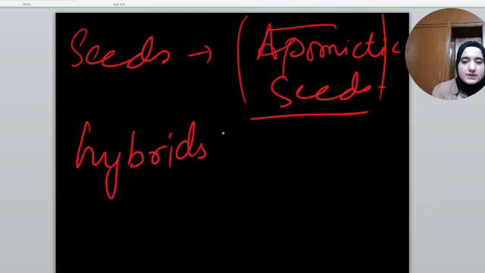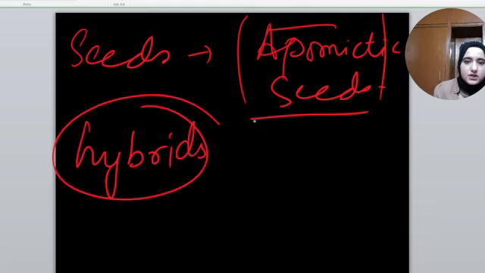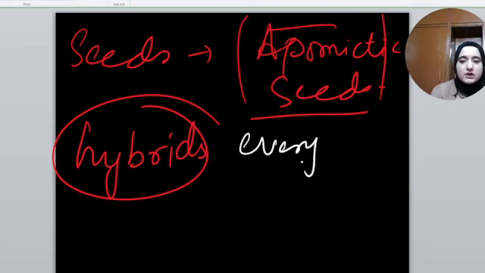Since it mimics asexual reproduction, they are producing seed without fertilization. Since it's asexual reproduction, we can easily grow hybrids every year, right?